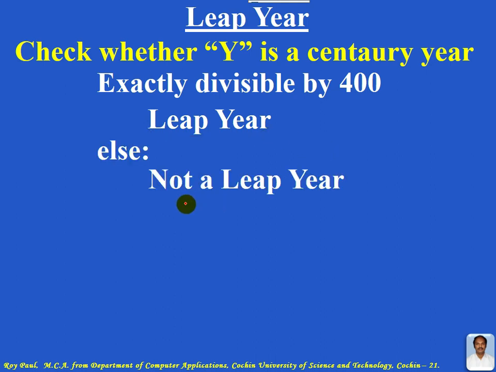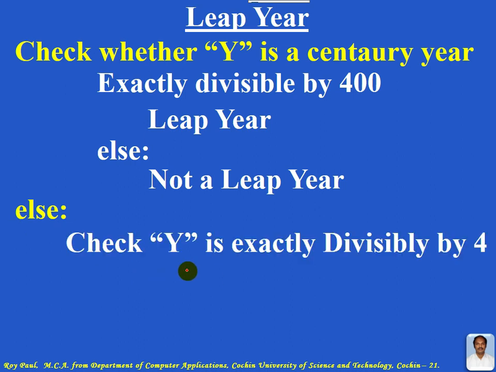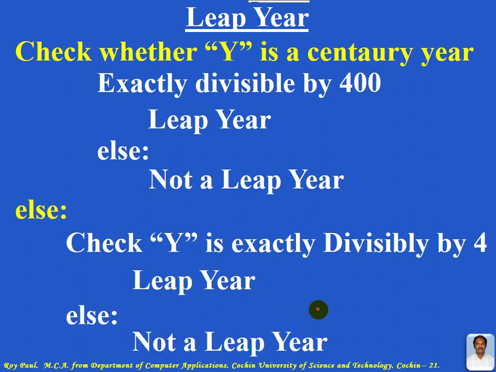Otherwise, Y is not a leap year. Again, suppose Y is not a century year, then in the else part, check whether Y is exactly divisible by 4. If Y is exactly divisible by 4, Y is a leap year. Otherwise, Y is not a leap year.